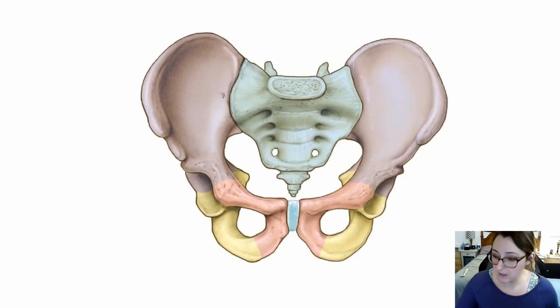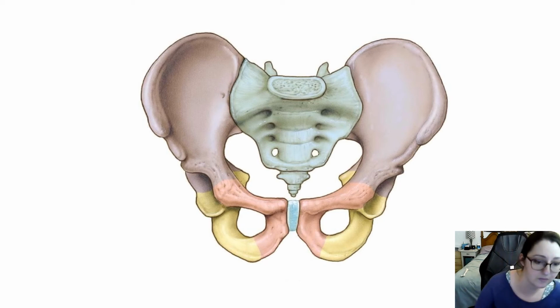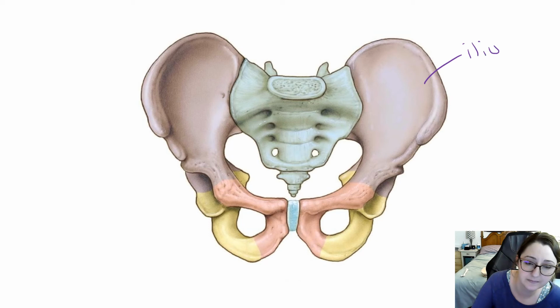So in purple, you're going to have the ilium along with the iliac crest. And if you need to go back to that last picture, be my guest. There might be a few things that I accidentally leave out here. In yellow, you're going to have the ischium.